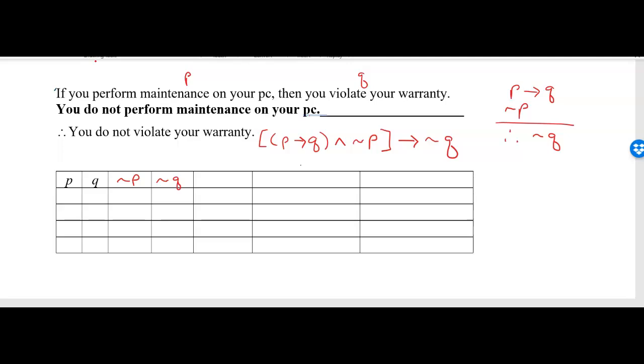Okay, so premise 1, premise 2, conclusion. Now, next column, we work on the parentheses. We have an if P then Q. Then we put the whole thing together for the premises. Okay. Then we put the entire argument together in the last column, and I ran out of room.